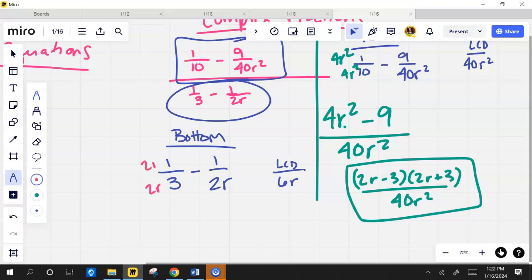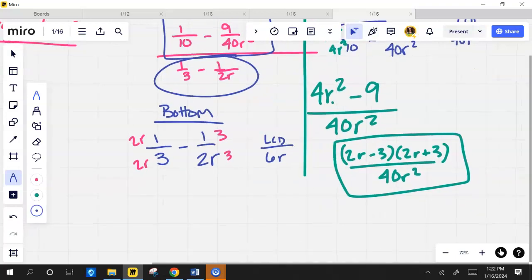And the second one needs a 3. So now I end up with 2R minus 3 over 6R. Is there anything else I can do? No. This is the bottom simplified.